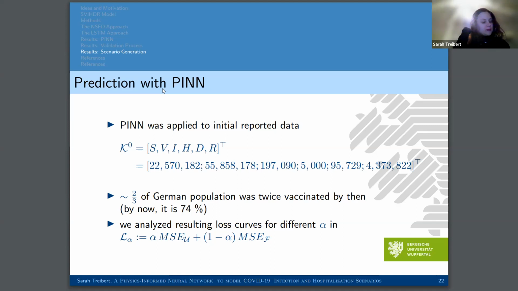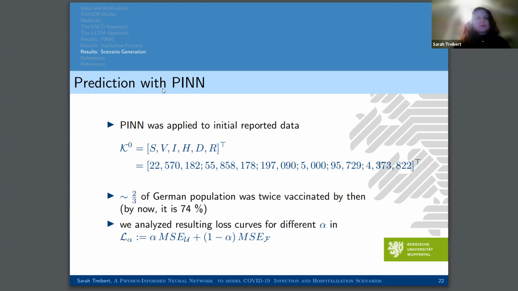With alpha larger than 1/2, it is clear that the data error has more impact than in the other case. If it's smaller than 1/2, the residual error has more influence.